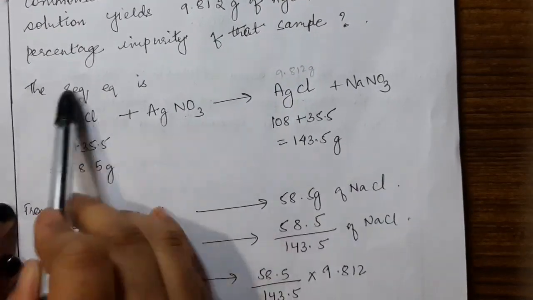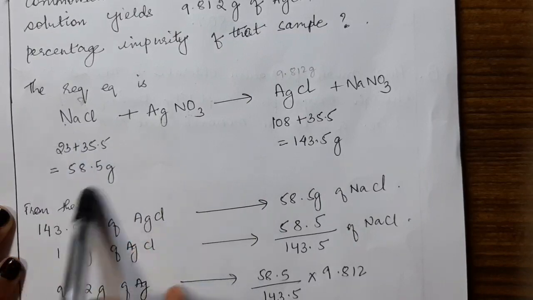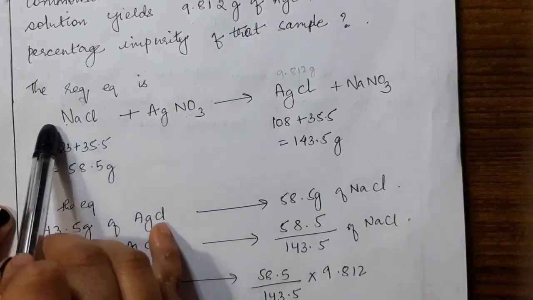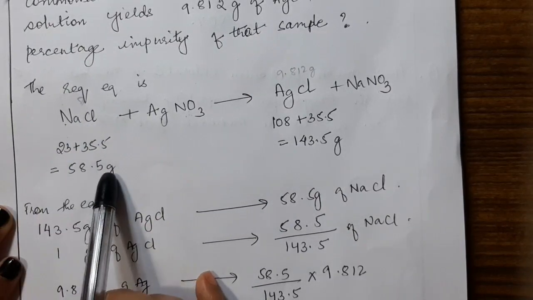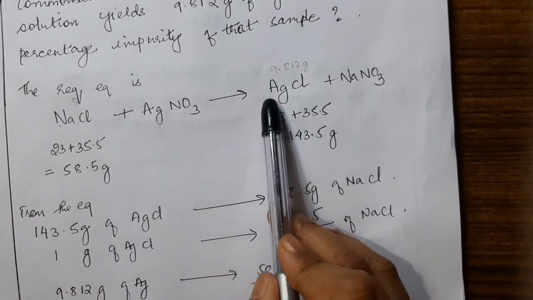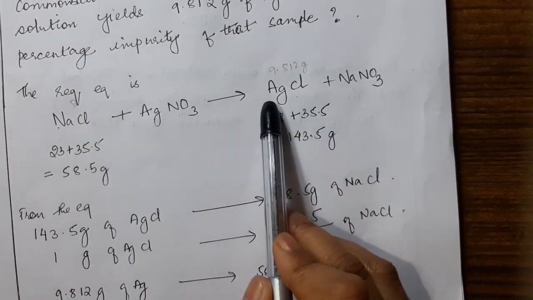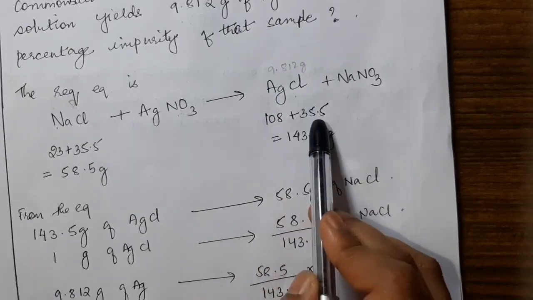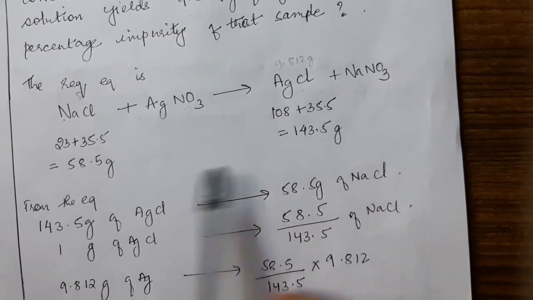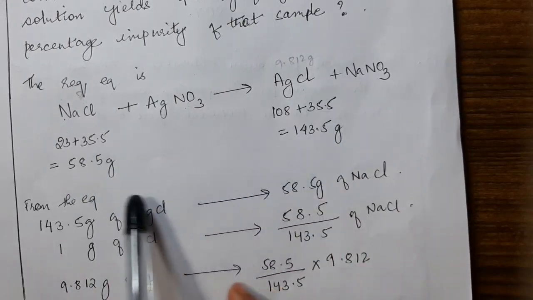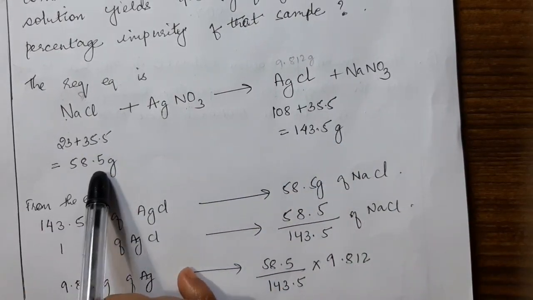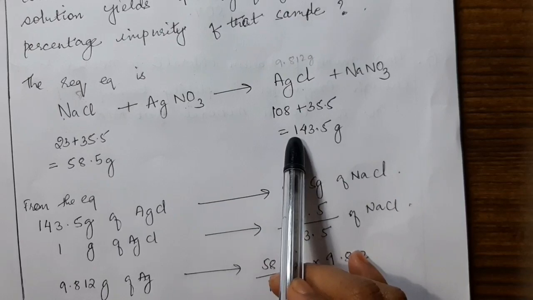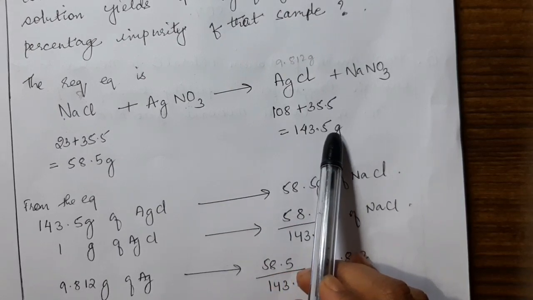From the equation, you find out the molecular mass. 1 mole of NaCl is 58.5 grams. Then 1 mole of AgCl: atomic weight of Ag is 108, chlorine is 35.5, so 143.5 grams.